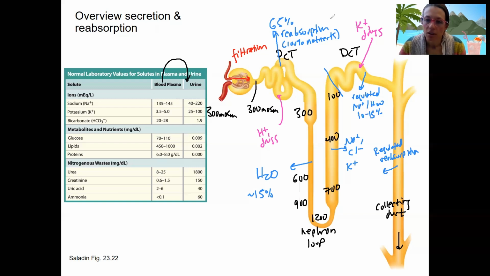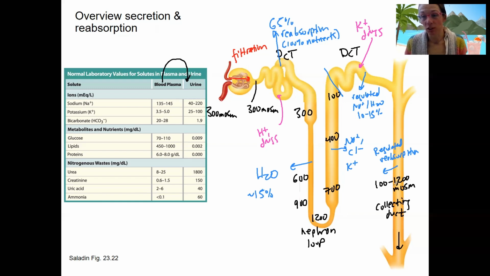By the time that gets through the distal convoluted tubule and the collecting duct, that urine can be anywhere from 100 to 1200 milliosmoles.